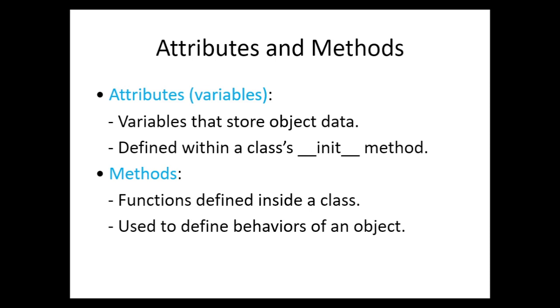The init is an inbuilt method used in Python. On the other hand, the second member, that is the method, is a function defined inside a class, and these are used to define the behavior of an object. So overall, the class contains attributes and methods.